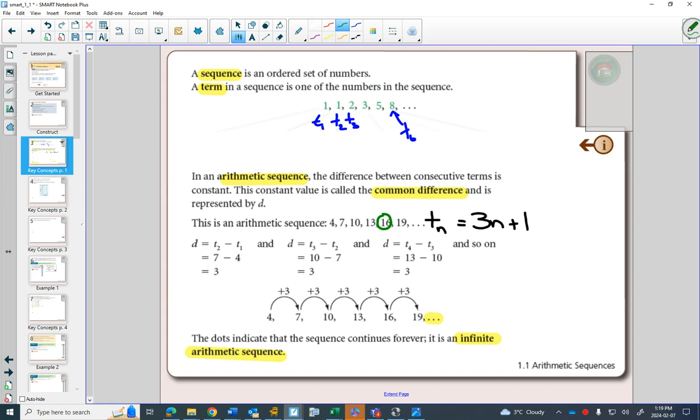Well, we're going to check, can I use the formula to find term 5? If I wanted to use the formula, and I wanted to find term 5, do you see that I'm replacing the n with a 5? So I would need to, in the formula, replace this n with a 5 as well, and sure enough, I get 16. Perfect.